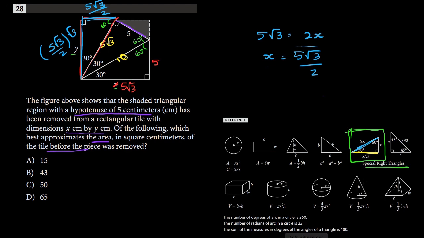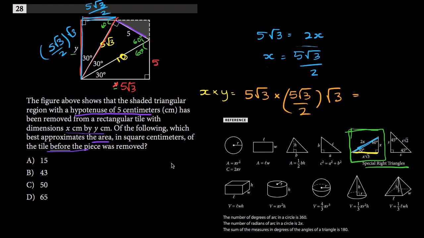Now we can just solve for x times y, because the area of a rectangle is just multiplying both of its sides. So 5 root 3 for x times 5 root 3 over 2 times root 3 is our answer for the area of the rectangle.